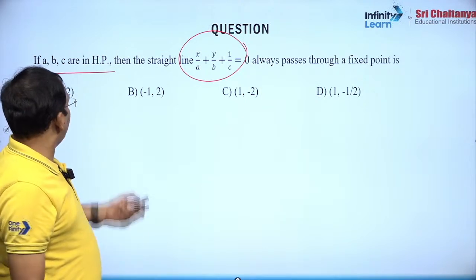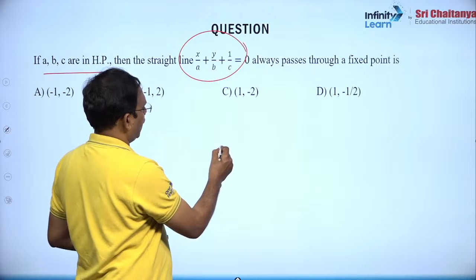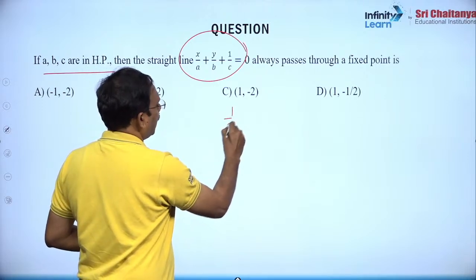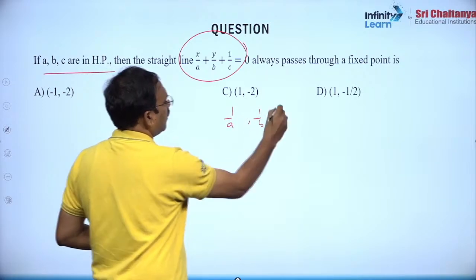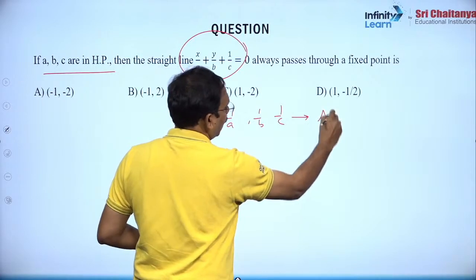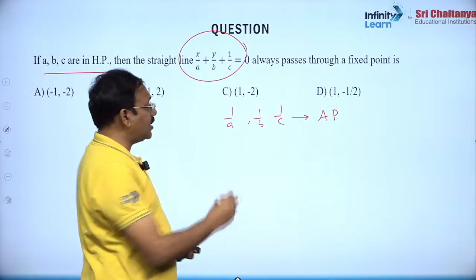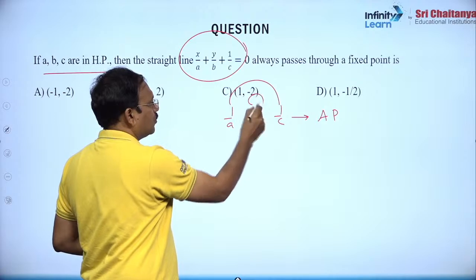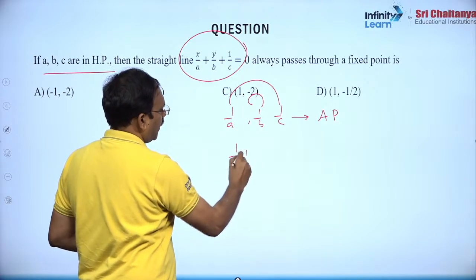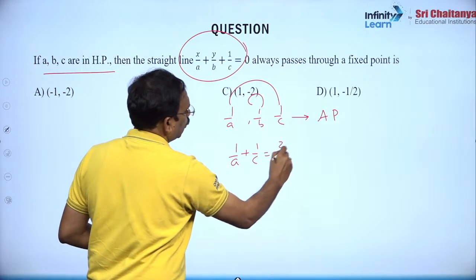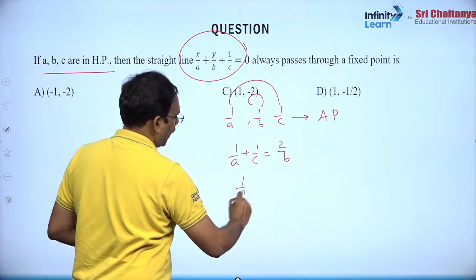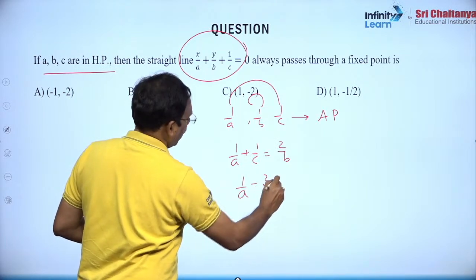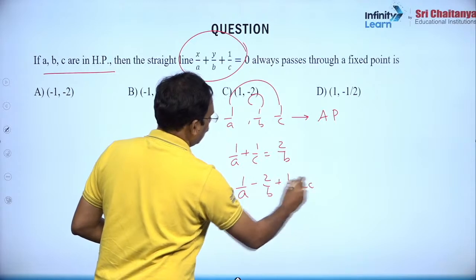So if ABC are in HP my dear friends, that means 1 by A, 1 by B, 1 by C are in AP. So the condition is: add these two, add it twice, 1 by A plus 1 by C is 2 by B, that means 1 by A minus 2 by B plus 1 by C is 0.